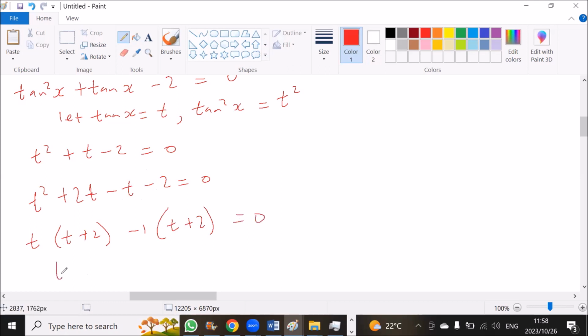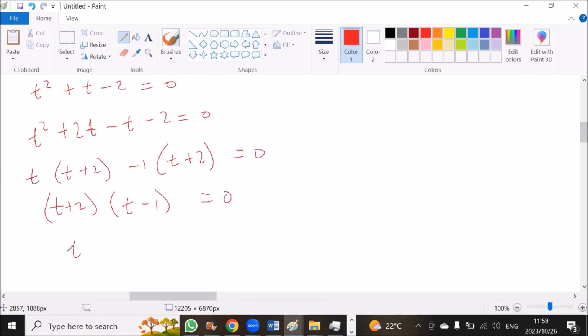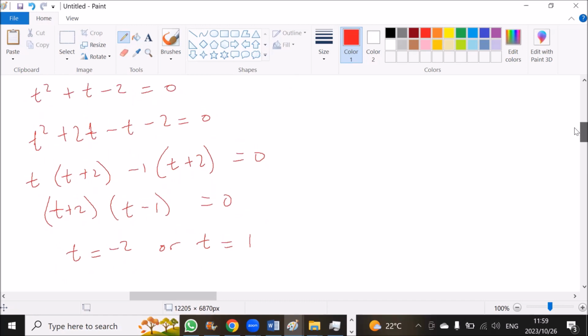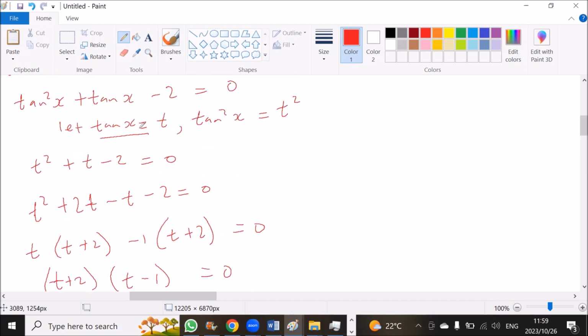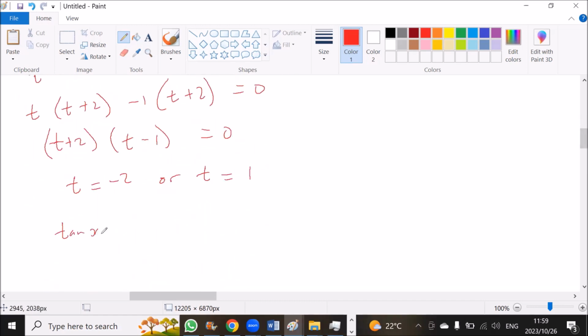Factor out t plus 2, t plus 2, t minus 1 is equal to 0. So we can say t is equal to minus 2 or t is equal to 1. When I go back, t is tan x. So we can say tan x is equal to minus 2 or tan x is equal to 1.